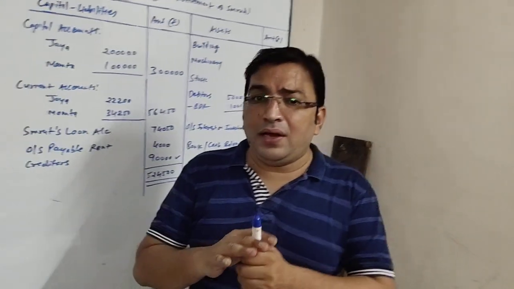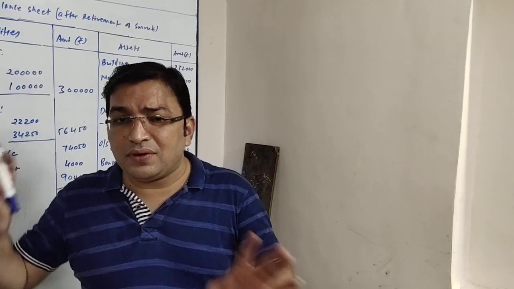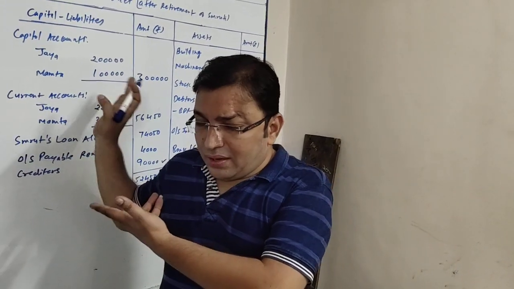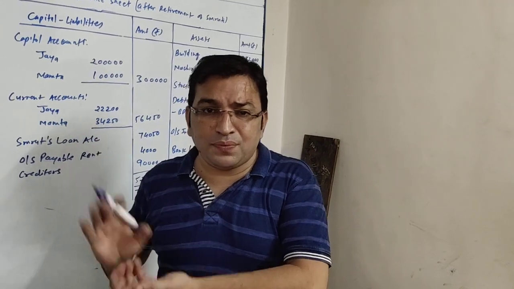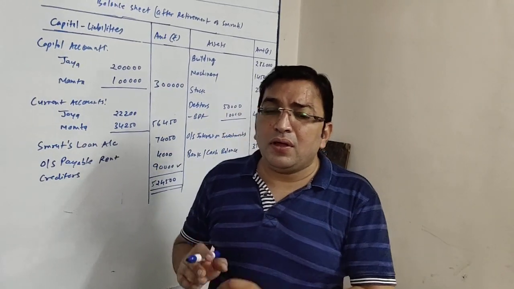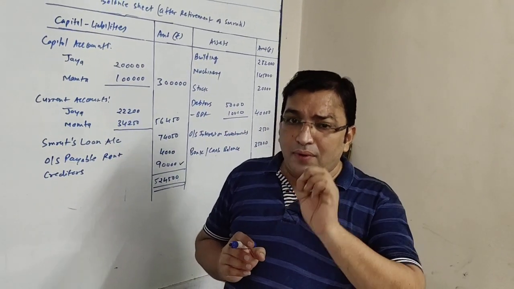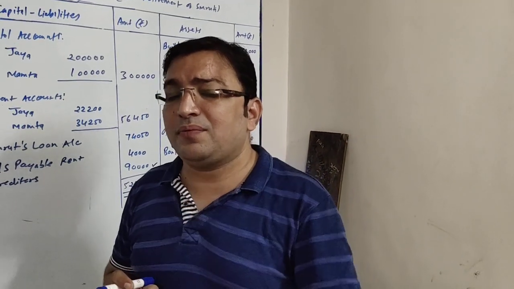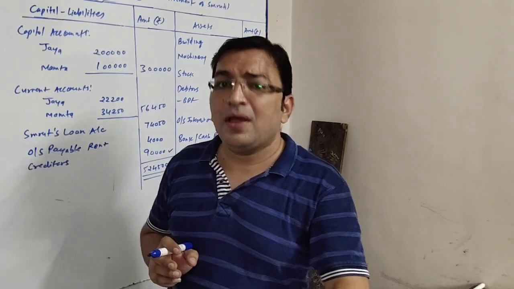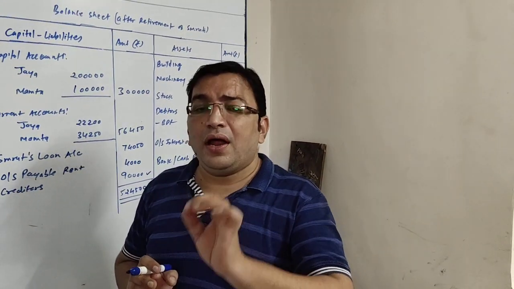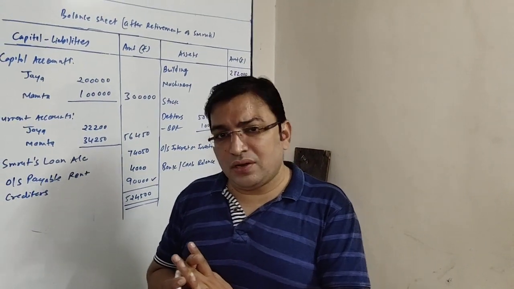So friends, as investment is sold off, nothing will be shown in the new balance sheet after the retirement of the retiring partner, who is Smruti. What will we do? 33,000 is the cost of investment. It is sold for 35,000. So 35,000 will be recorded in the cash or bank account, and rupees 2,000 will be credited to revaluation account.